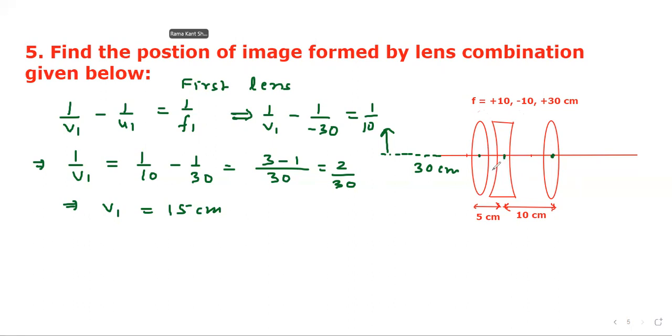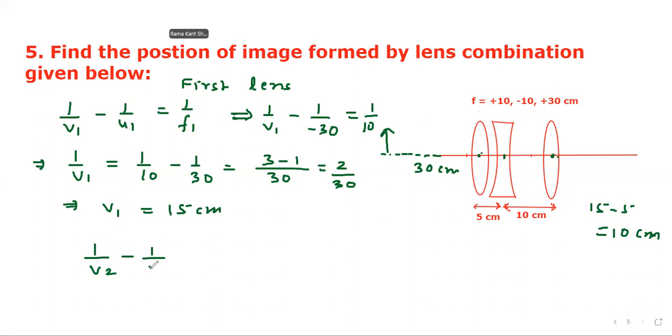Let's apply lens formula for second lens. The image formed by the first lens is at 15 centimeter, and since the lenses are separated by 5 centimeter, the remaining distance is 15 minus 5, that is 10 centimeter, and that would be the object distance for this lens.